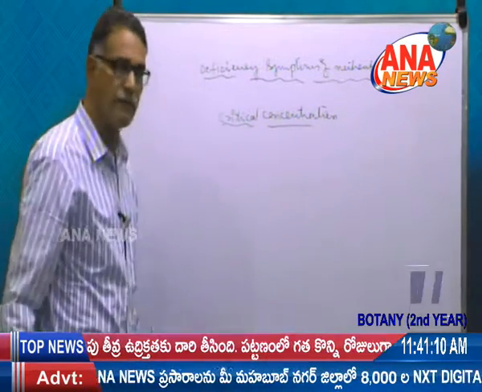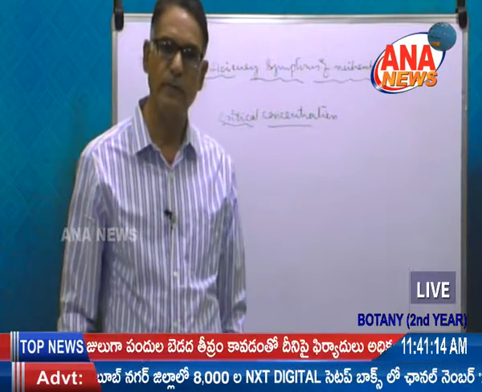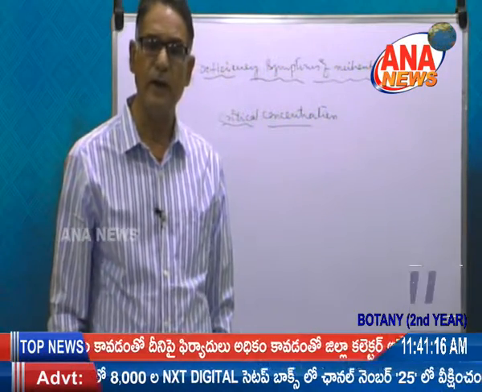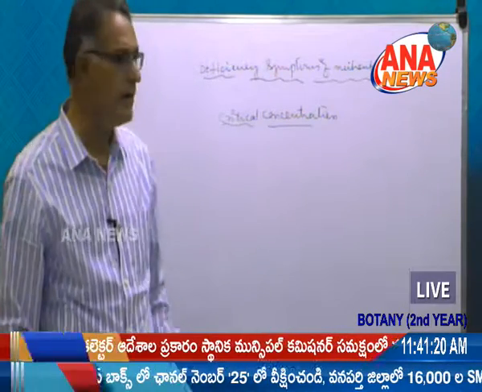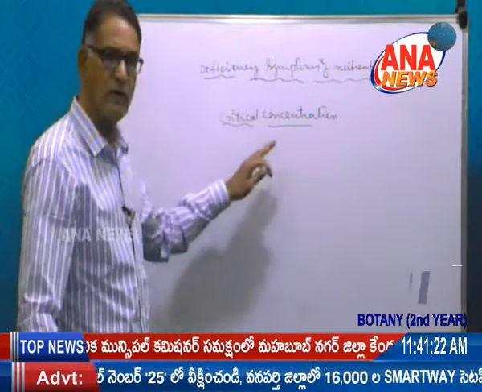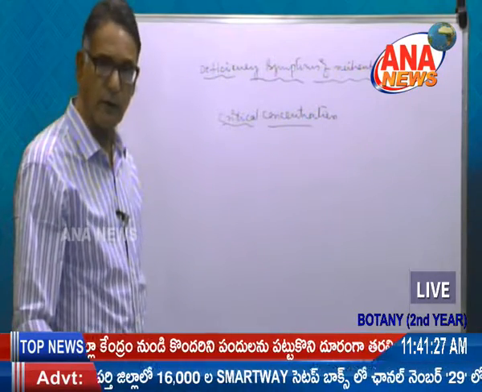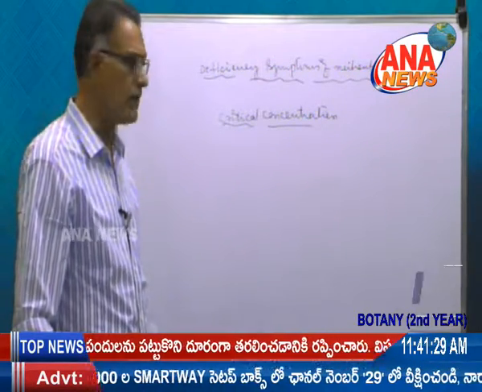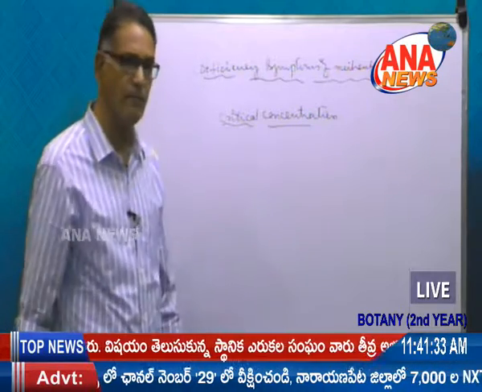When the supply of a mineral nutrient is limited, the plant growth is retarded. The concentration below which the plant growth is retarded is called the critical concentration.